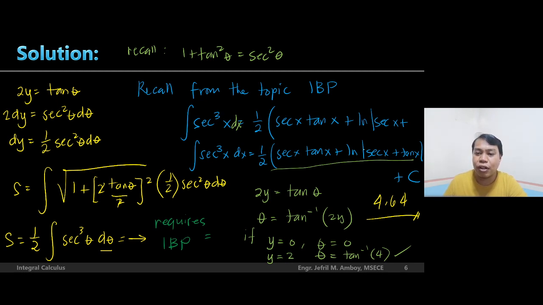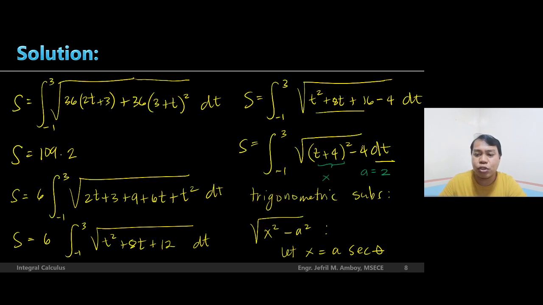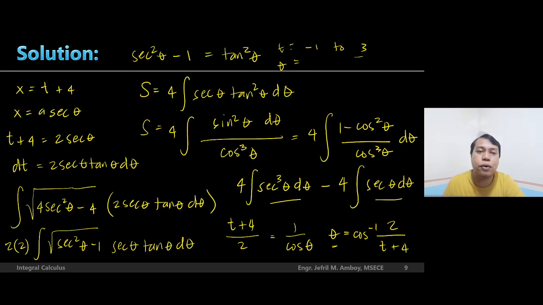Absolute value yon, no? Tapos yung values dito nung x, gagawin mo lang theta. Tapos evaluate mo siya, yung upper limit, yung nakuha nating cosine inverse of 2/3 at saka cosine inverse of 2 over 7. Okay? So yun lang, no?